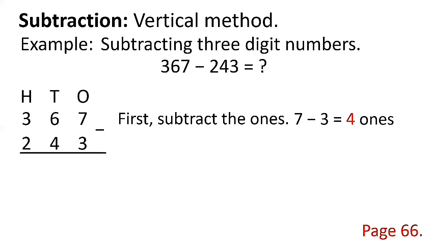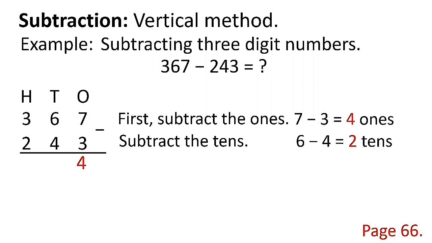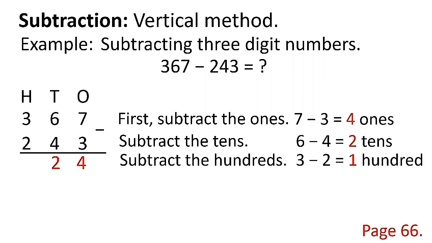7 minus 3 is equal to 4 ones. Subtract the tens. 6 minus 4 is equal to 2 tens. Subtract the hundreds. 3 minus 2 is equal to 1 hundred.